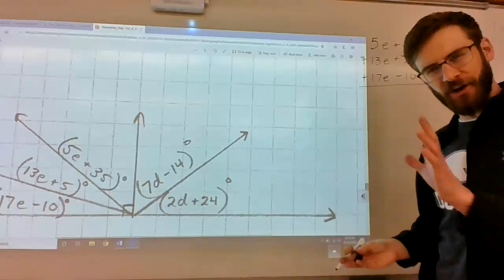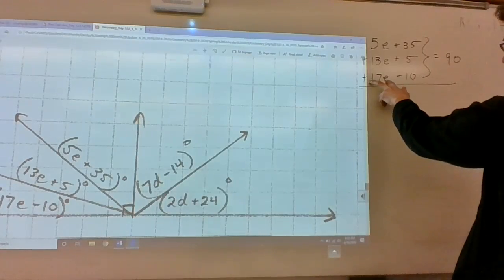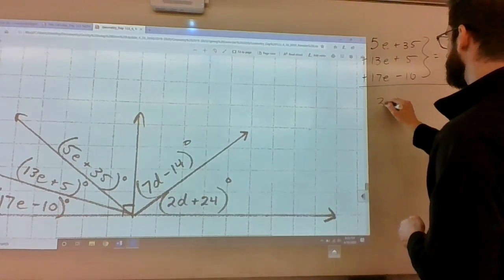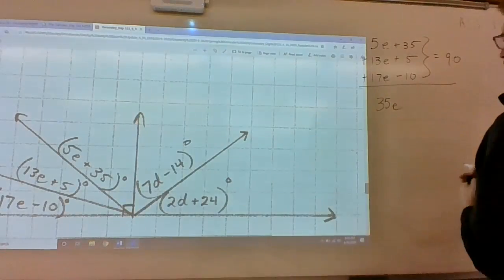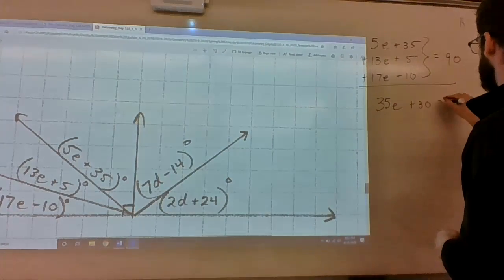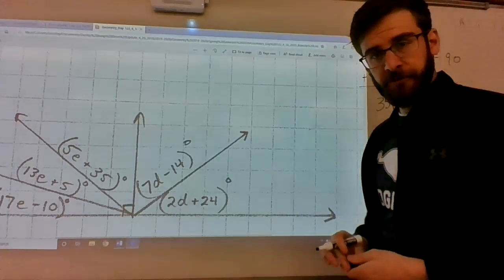So let's just focus on that to start with. The E's will add up to 35. This would be 40 minus 10, 30. All right, so I'm going to subtract 30 from both sides.